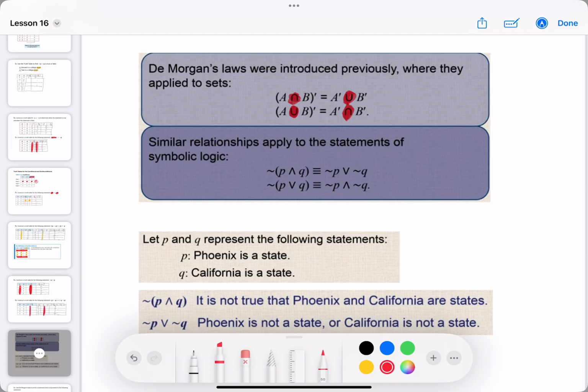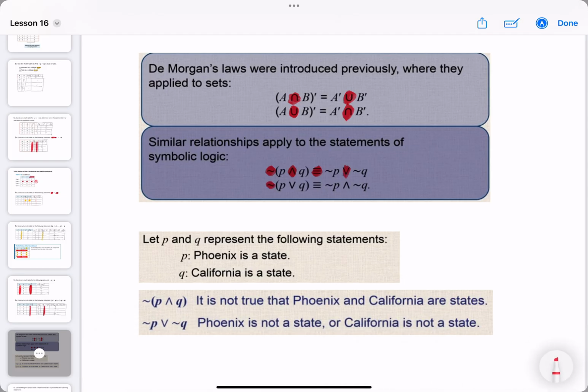So it is not true that P and Q, this symbol means equivalent to, it is not P or it is not Q. You see, if I distribute this negation, my and becomes or.